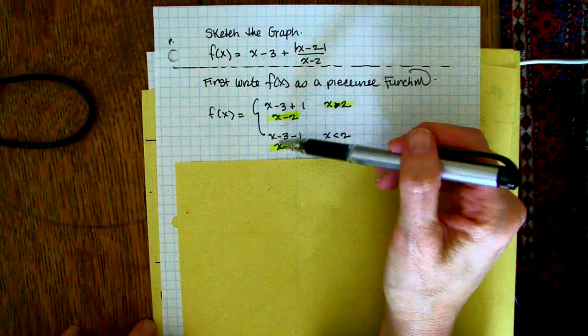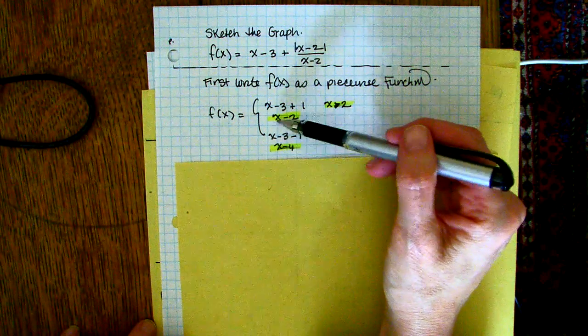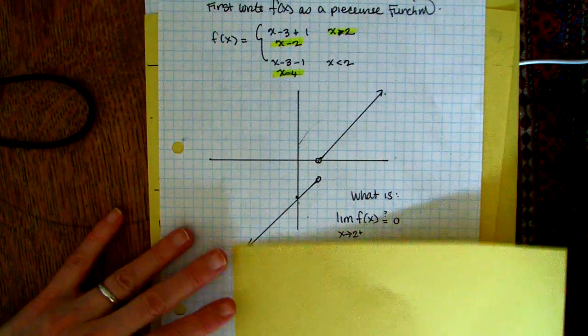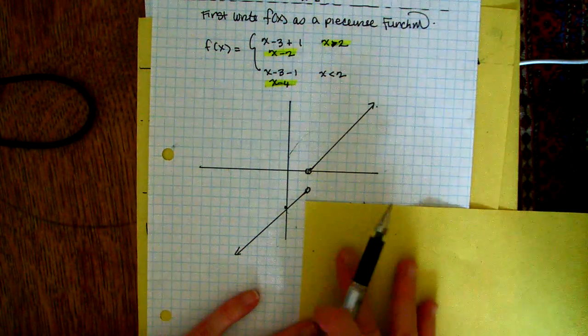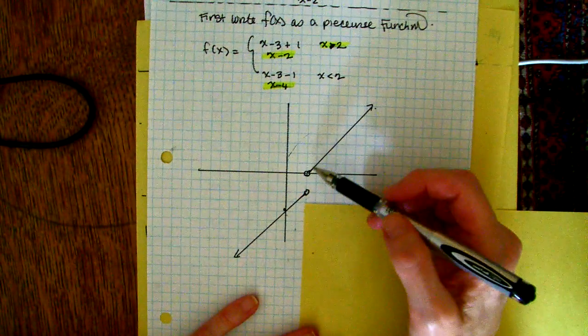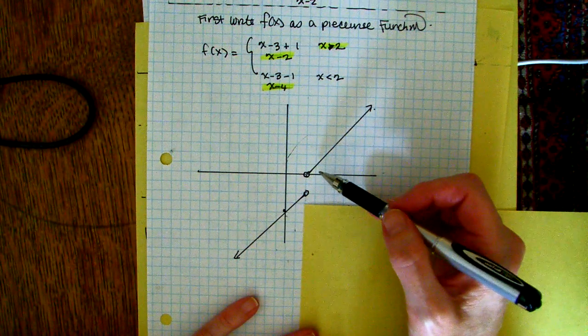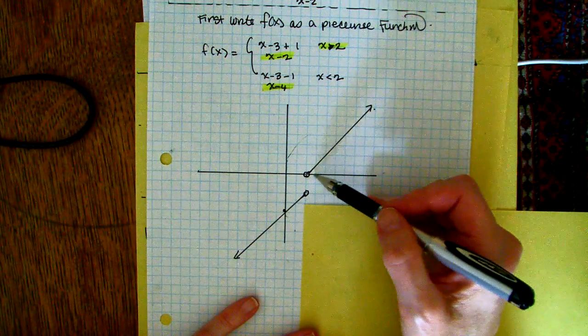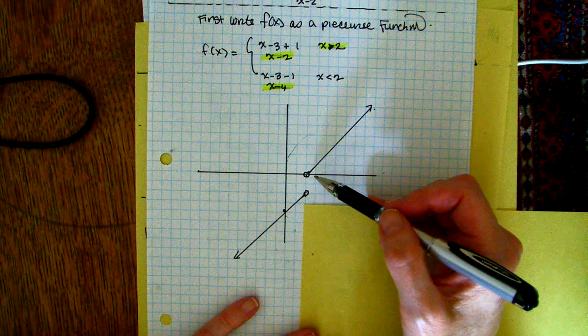So you get slopes, both rays equal to 1, so they're parallel rays, and they look like this. So one question you could be asked is, what is the limit of this as x approaches 2 from the right or x approaches 2 from the left? As x approaches 2 from the right and the left, think about that.